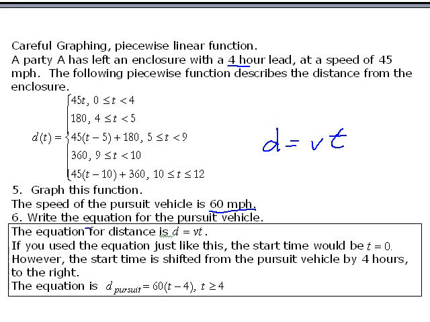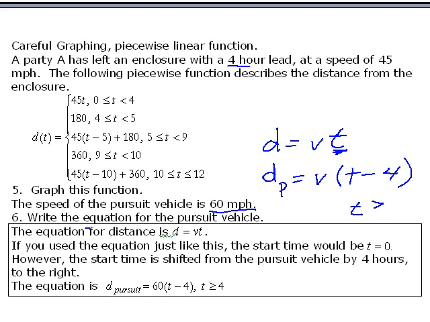Remember that to shift something horizontally, you subtract the distance you want to shift from the independent variable. Here the independent variable is time. So for a 4-hour lead, the pursuit vehicle would be v times t minus 4.